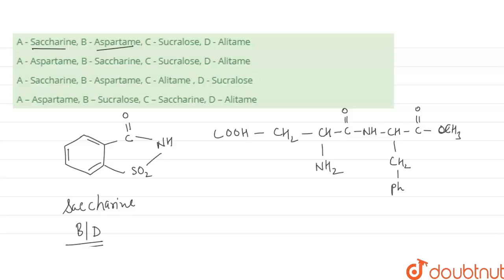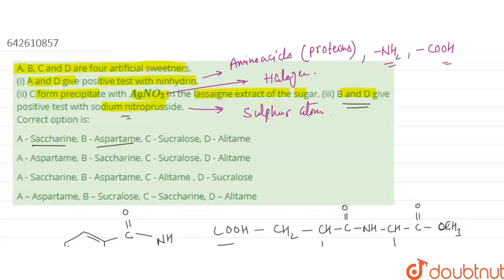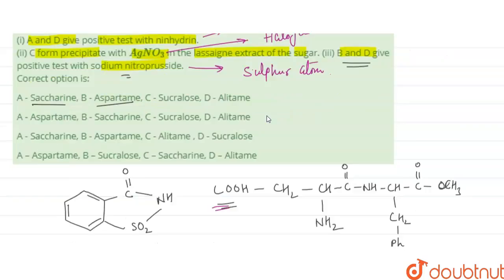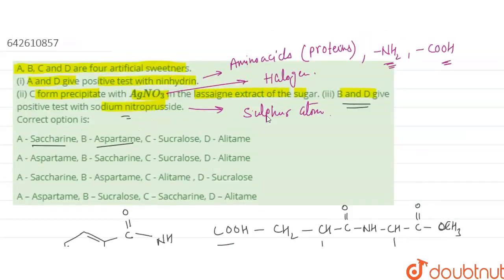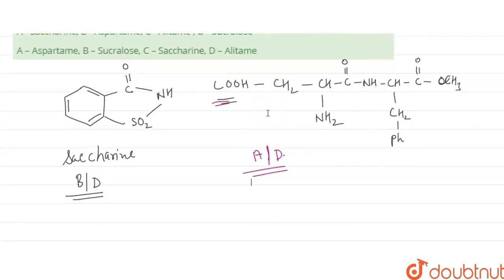So in this, NH2 and COOH groups are present, and from the first statement we noticed that A and D give positive test with ninhydrin. So it may be A or D from the first statement.